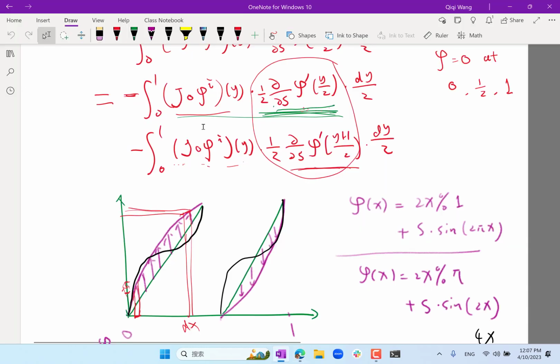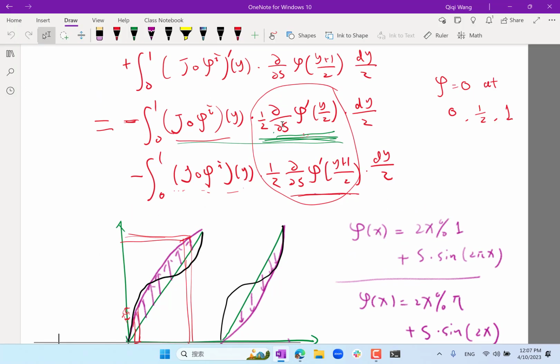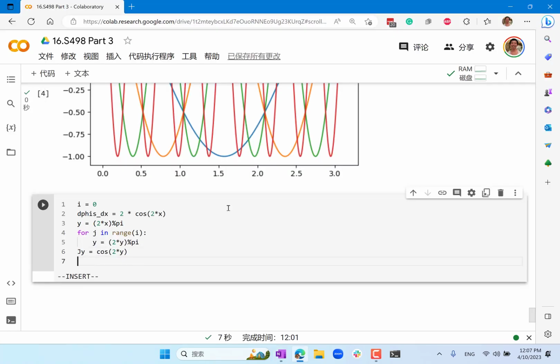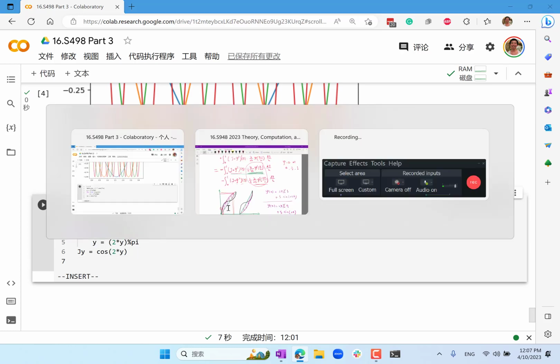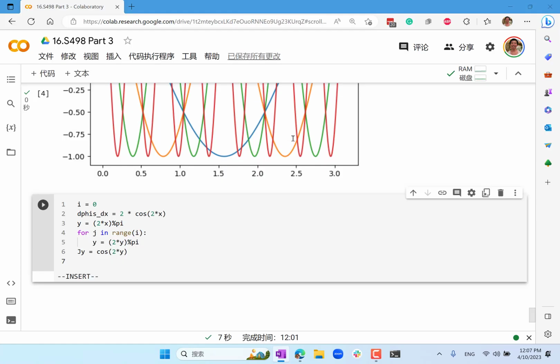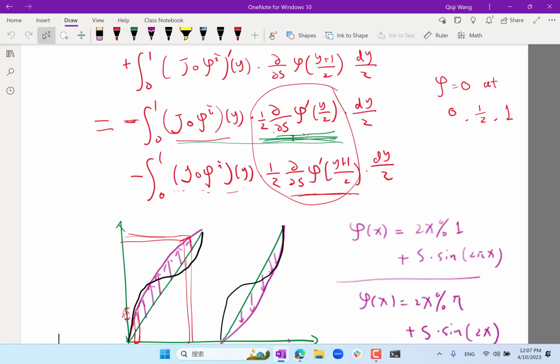All right. So that's evaluating the first half, and the second half is the perturbation itself, and then we have to divide this by 2 and multiply by half of dy, right?